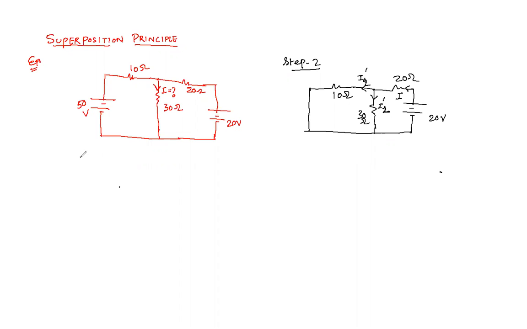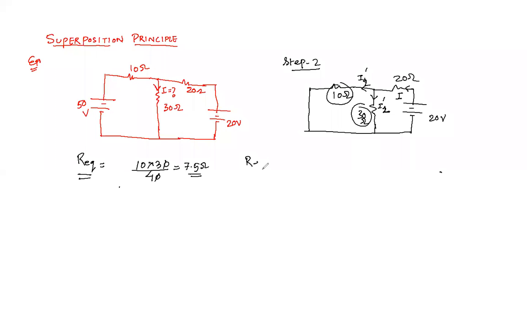Let me first find out what the R equivalent is in this case. The 10 and 30 are in parallel with each other. So 10 into 30 by 40, that is 7.5 ohm. And 7.5 ohm is in series with 20.